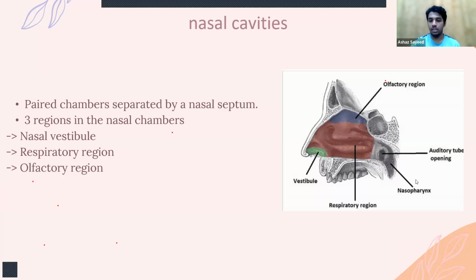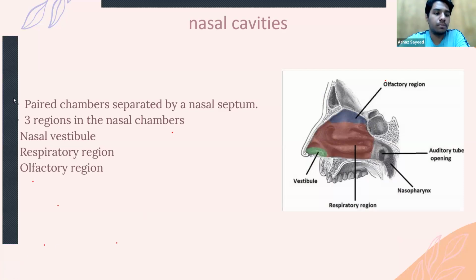You can see the diagram here once again. The vestibule is this region. It's like the outer region. So when you look into your nostrils, you just see the vestibule. Deeper to it, you have the respiratory region.